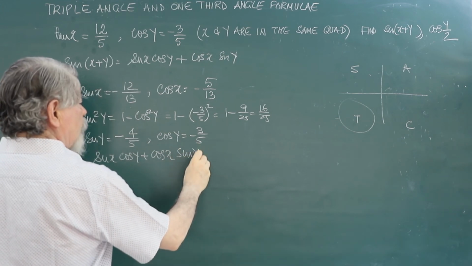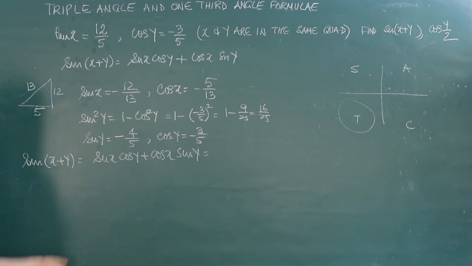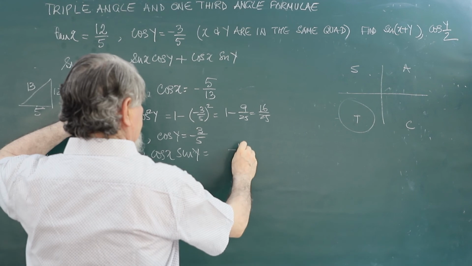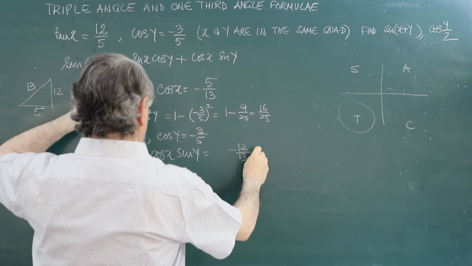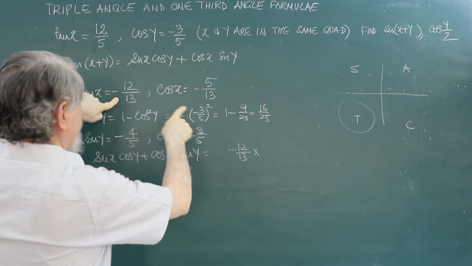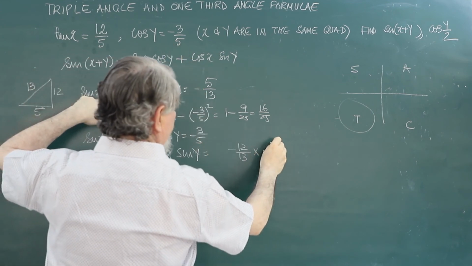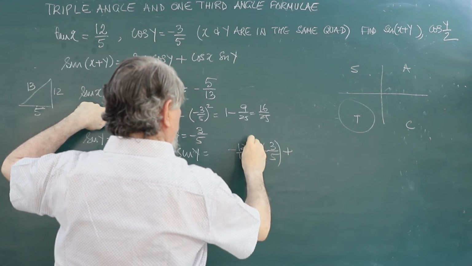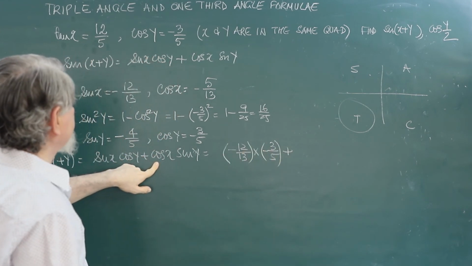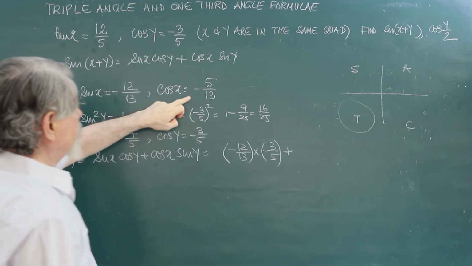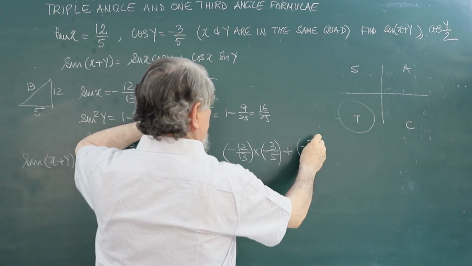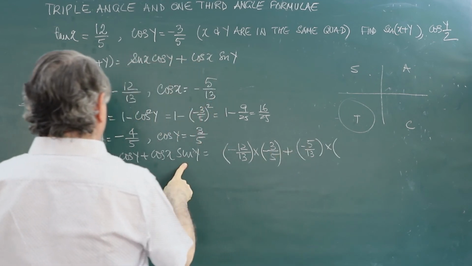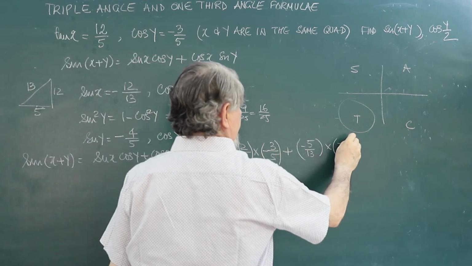Let us put the value of sin x cos y. Sin x value is minus 12 upon 13, into cos y, which is minus 3 upon 5, plus the value of cos x, which is minus 5 upon 13, and the value of sin y is minus 4 upon 5.